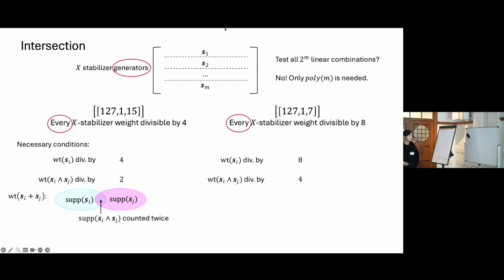So this explains why this is 2 here and why this is 4 here. And similarly, if you consider Si XOR Sj XOR Sl, you will see by drawing a Venn diagram that the support of the triple intersection was counted 4 times. So that's why here the triple intersection needs to have weight divisible by 2. Okay, so these necessary conditions turn out to be sufficient as well, and I will show you why.